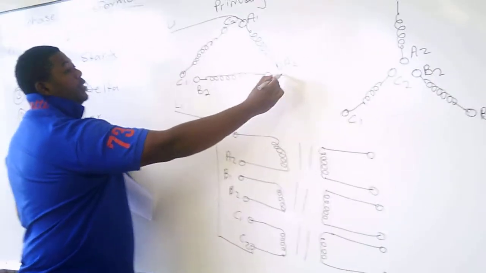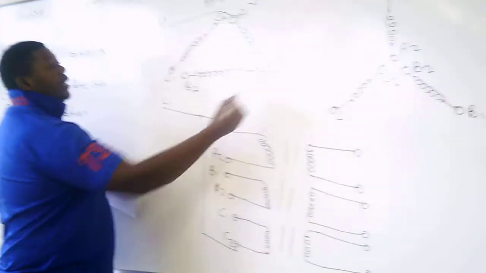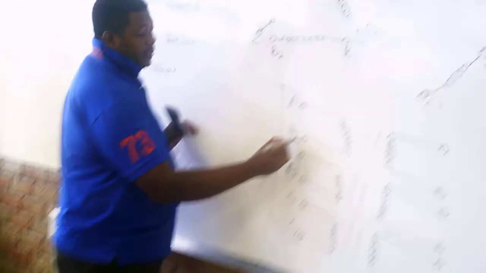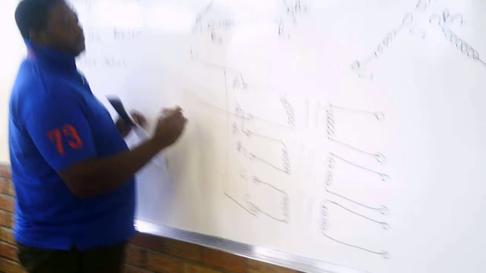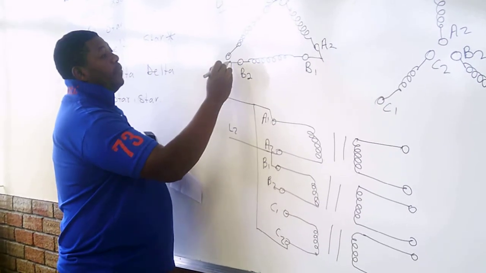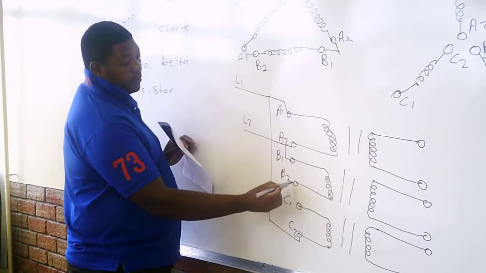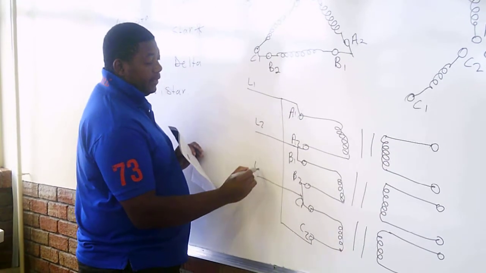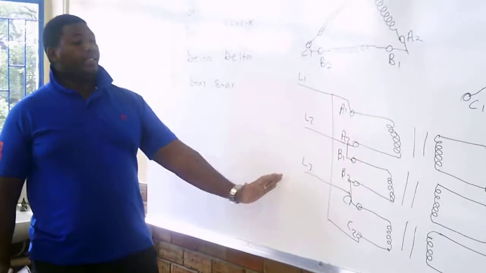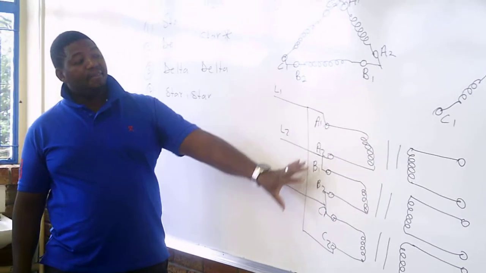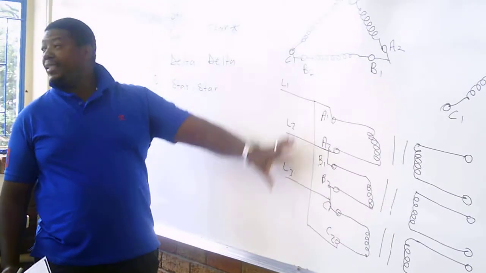And these two come together: A2 and B1. We say that we've got line 2. And then B2 combines with C1, so we've got line 3. So this is the primary side and it's in delta. We've shown this by connecting single-phase transformers to give us a delta connection.